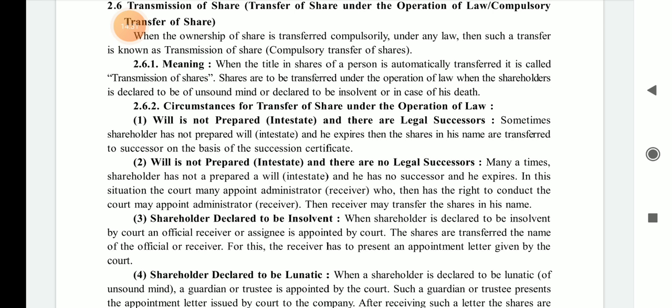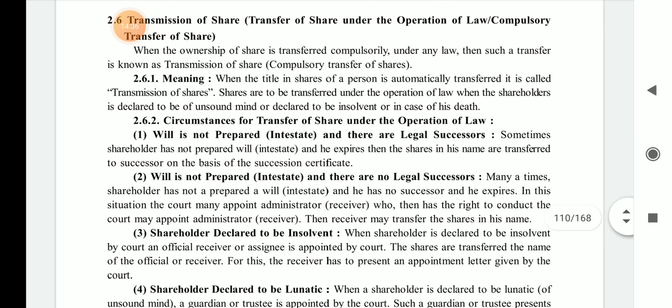See, the transmission procedure should be followed when a shareholder is declared of unsound mind, declared insolvent, or in case of death. The transmission procedure must compulsorily be followed.